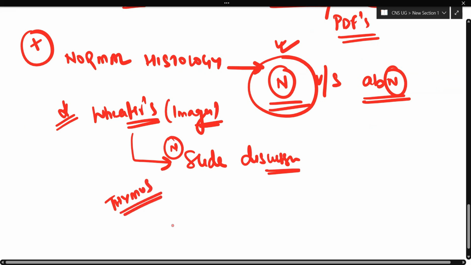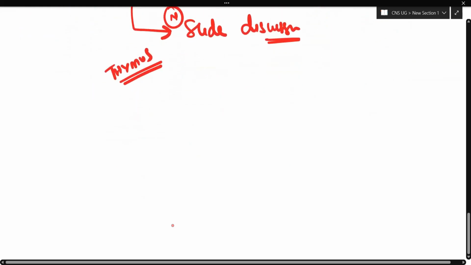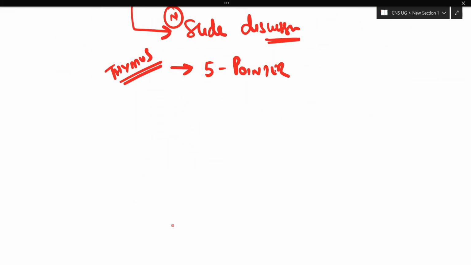Whatever slide pictures I give you will be significant. There will be a 5-pointer discussion. That means there will be 5 important points that you have to recognize in that particular slide so as to understand why it is thymus, how it is differentiated from other organs, and how it is to be differentiated from tumors.